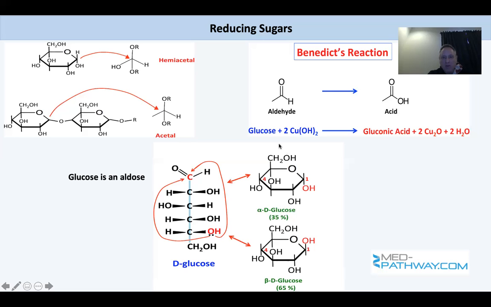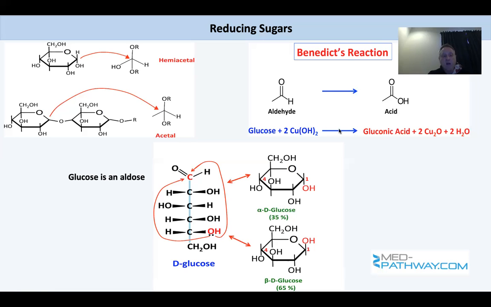And so what happens if you take glucose plus this copper hydroxide solution, what you can do is oxidize it to gluconic acid. And so the blue copper will turn to red copper. That's a positive reaction of Benedict's test. So the Benedict's reaction detects the presence of available aldehydes for oxidation.